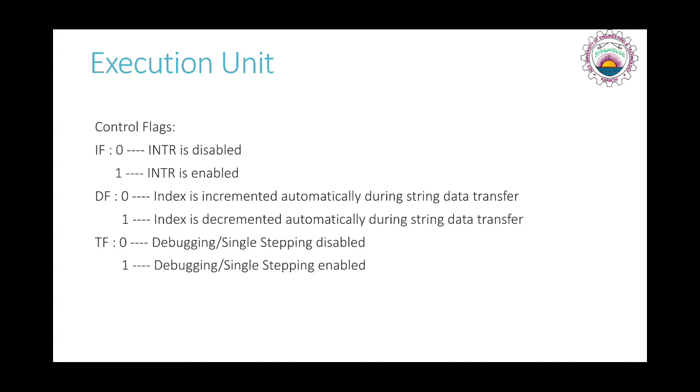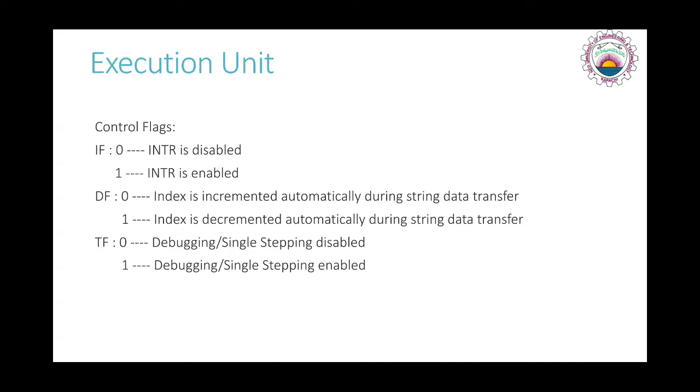Now the last control flag is trap flag. Trap flag is used by some softwares. No instructions are provided for the user to assign logic 0 and 1 to trap flag.